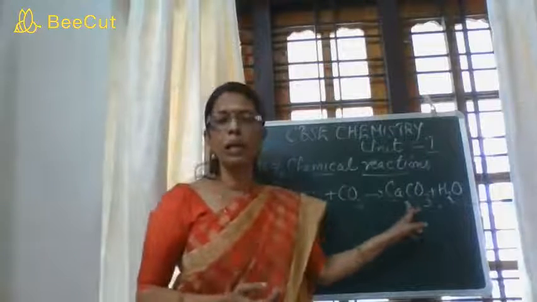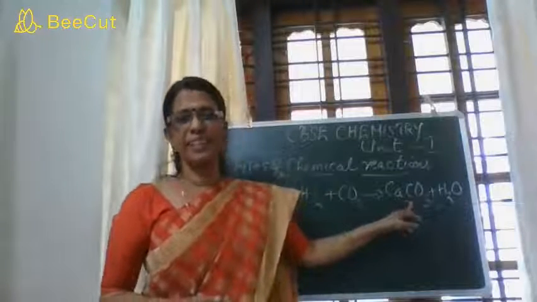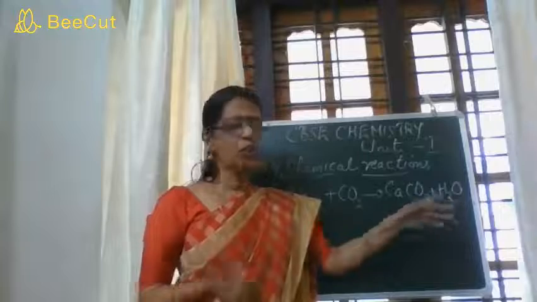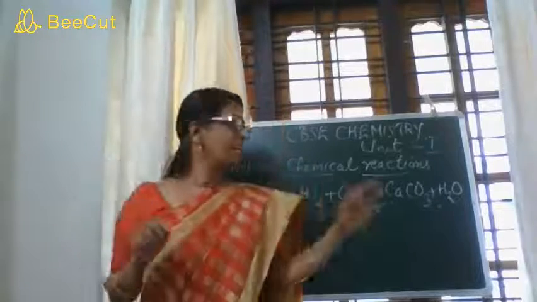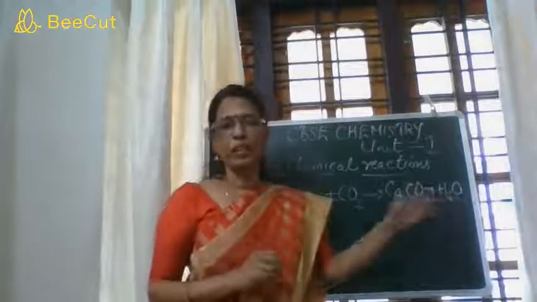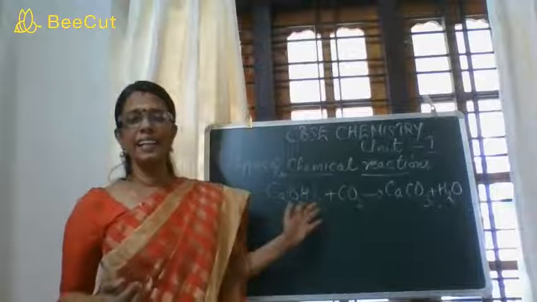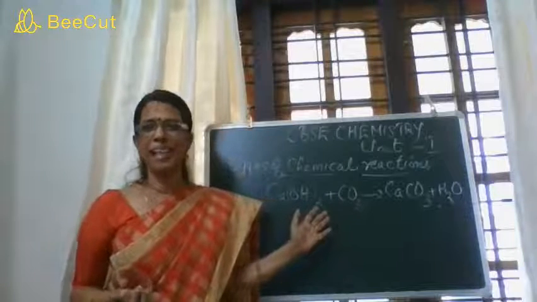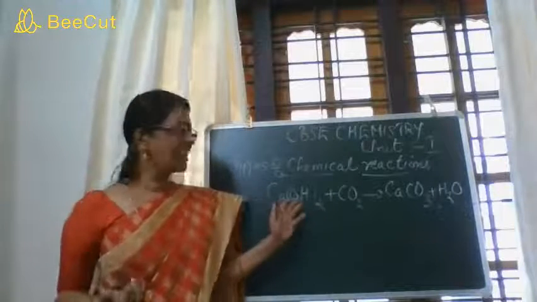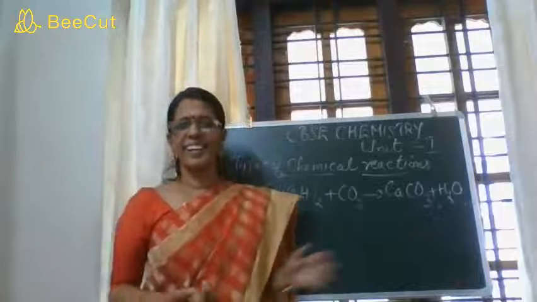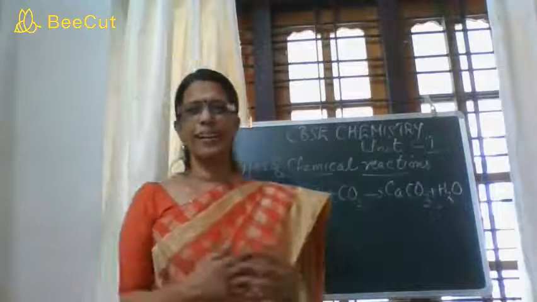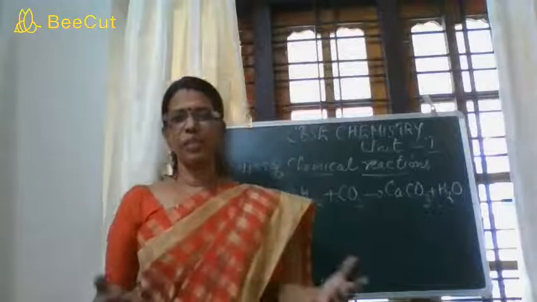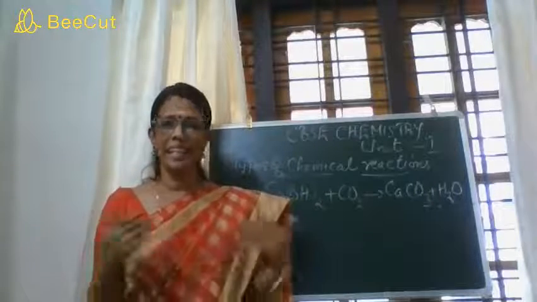That is because of the formation of calcium carbonate. And along with that, water drops can also be seen on the walls, that is, water is also formed. And this is a daily life situation in which we can see the combination reaction. So you can connect so many reactions that we are studying in our chemistry topic to our daily life situations.